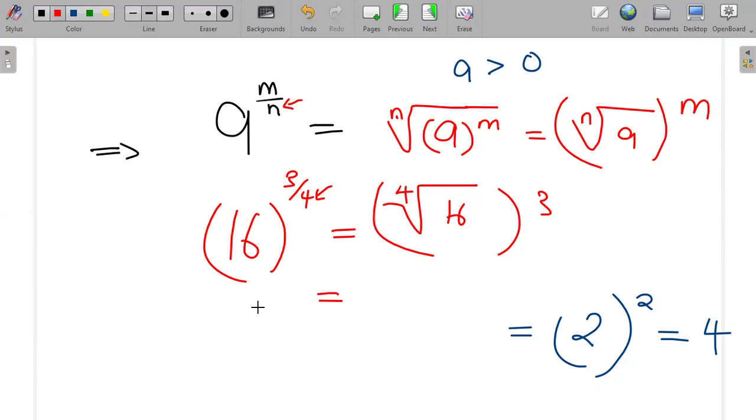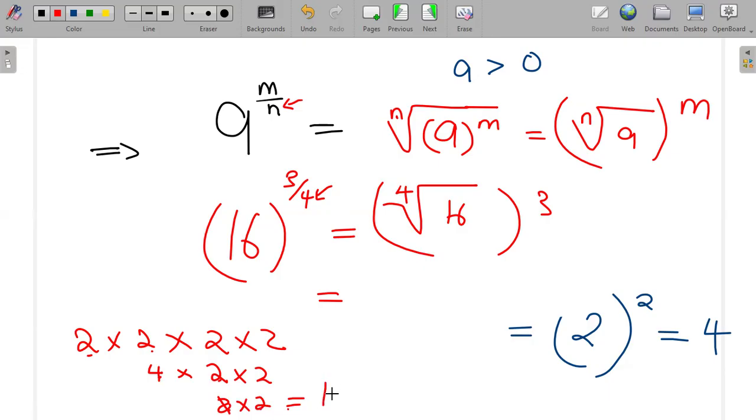Which number can we multiply by itself 4 times to get 16? That would be 2 multiplied by 2 multiplied by 2 multiplied by 2. So 2 multiplied by 2 is 4, multiplied by 2 is 8, multiplied by 2, I get 16. So the fourth root of 16 is actually 2. And then this 2, I raise it to power 3, which would just be 8. So that would be the answer there.